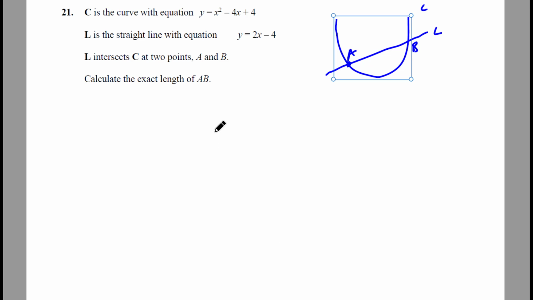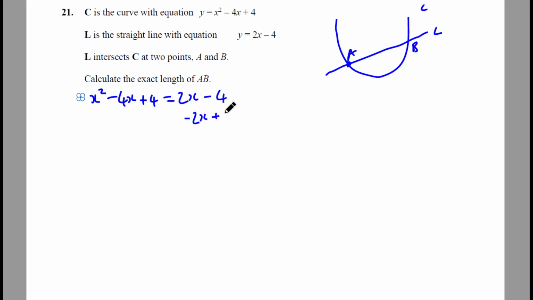So, you should know those lines are going to intersect when x squared minus 4x plus 4, when those two equal. Now you rearrange that, so I'm going to minus the 2x and add 4 on both sides, but do this step by step if you need to.